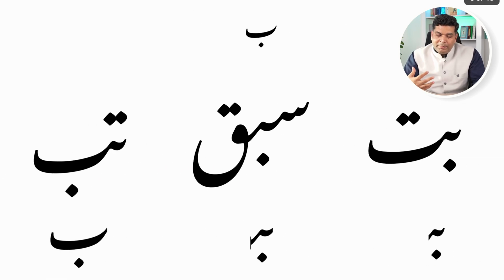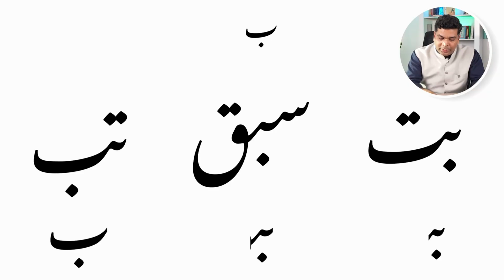If we go to the Bay family, and we will see it across all the different letters in the Bay family, their behavior is very simple. You see the letter Bay here, on top. We have put three words here: one which starts with Bay, the second where the Bay is in the middle, and the third where Bay is at the end. The first word here is called But, and the letter Bay is in the beginning, and the shape is like this.